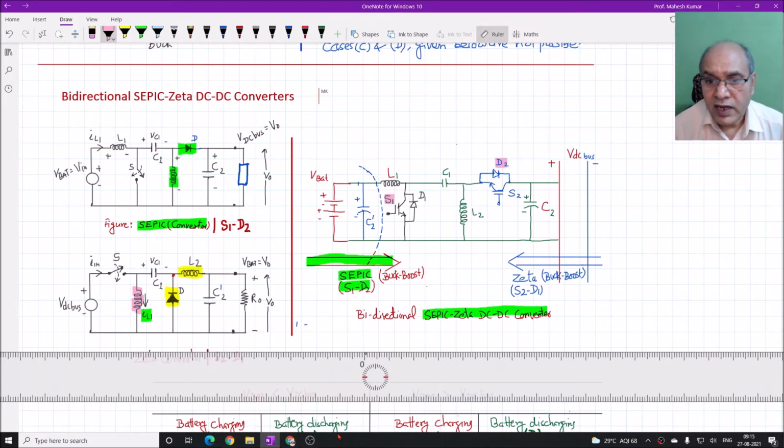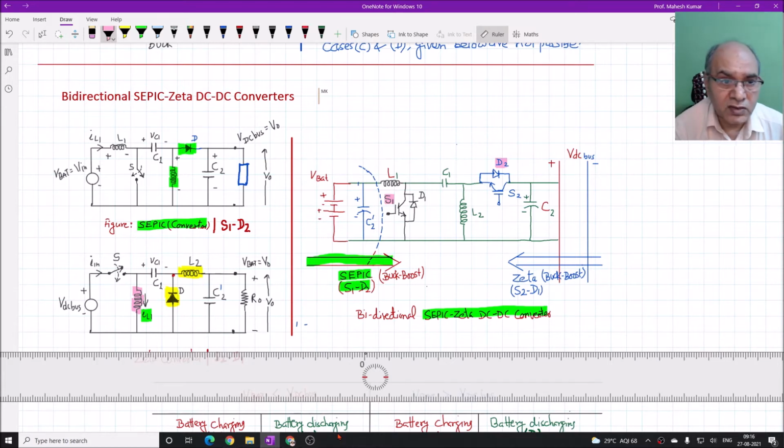Okay, and S2 and D1 do not operate. They won't function for this Sepik topology. So we use S1 and D2 for the Sepik converter looking from the battery side. So you can see it here.